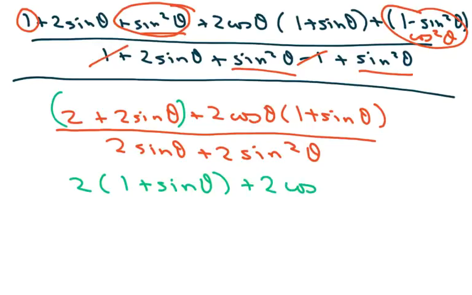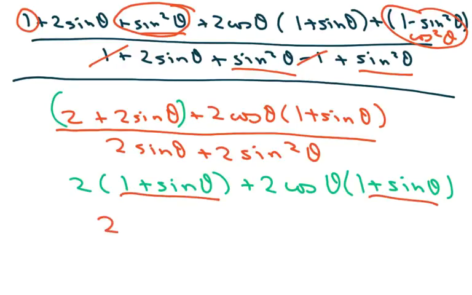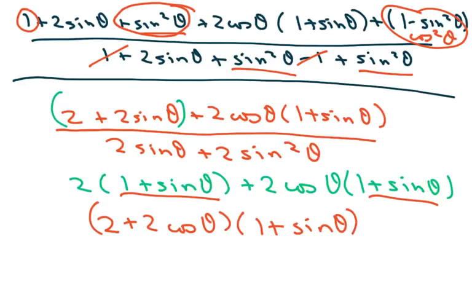I'm just going to deal with the numerator right now. 2 cosine of theta times 1 plus sine of theta. Now, if you notice, when you factor by grouping, these two match, so I can combine these. 2 plus 2 cosine of theta times 1 plus sine of theta. So that's just factor by grouping.